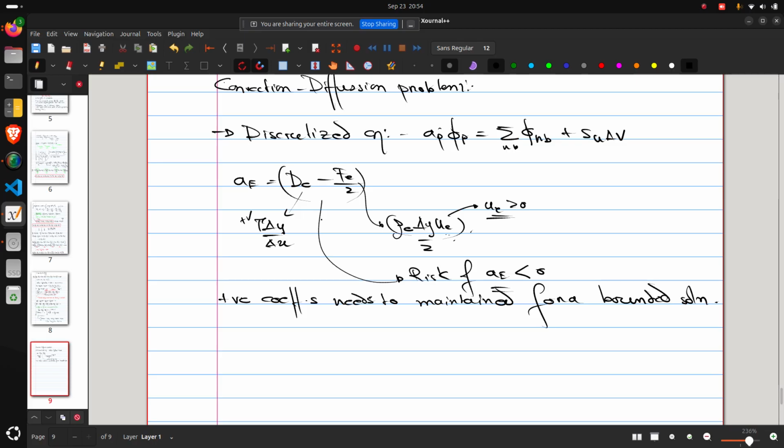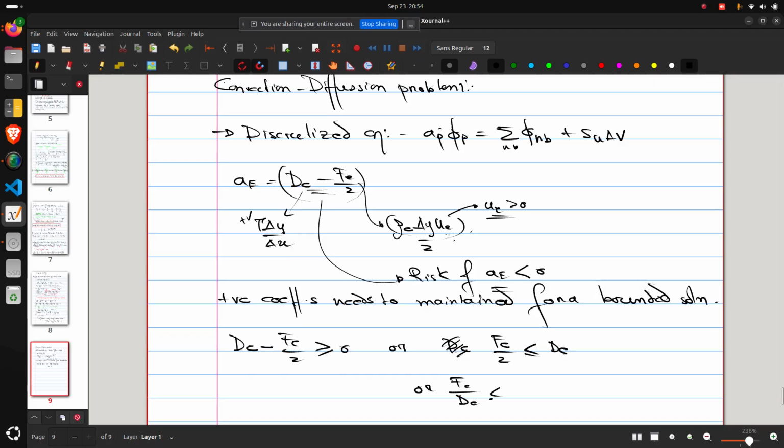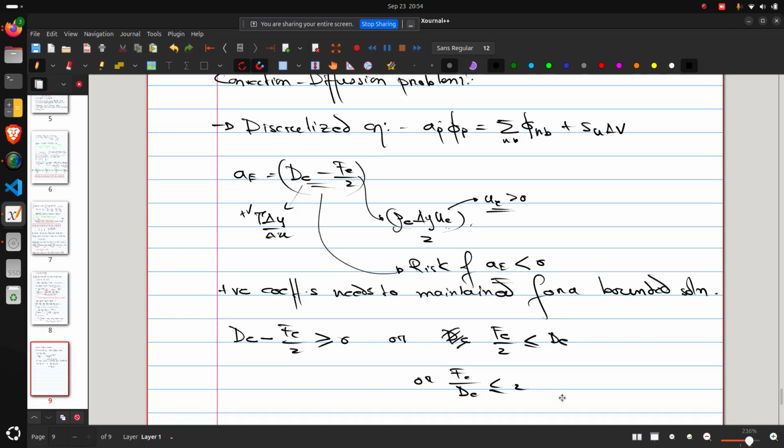So as a result, there comes a sort of a condition that this should always be greater than or equal to 0. What does it mean? It means that Fe by 2 should be less than dE, or we can write Fe by dE should be less than or equal to 2.